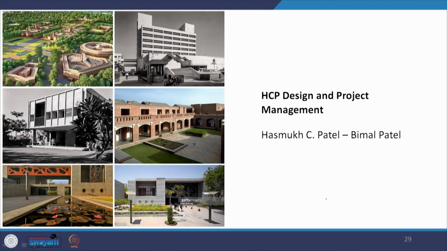Now HCP, our design consultants, have moved much ahead of that time. If these were the original works of Hasmukh Patel, all of them reflecting modernism, this and this, then they have gone on to make buildings where there is a touch of postmodernism also, or rather I would not use the word postmodernism, I would rather use the word regional modernism or critical regionalism.